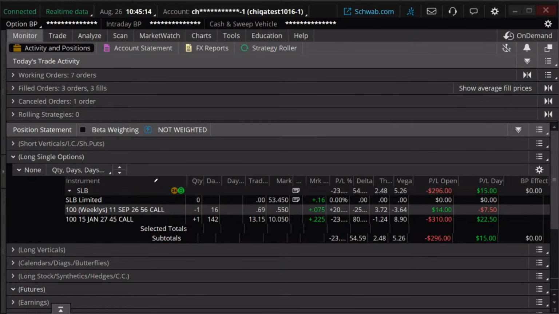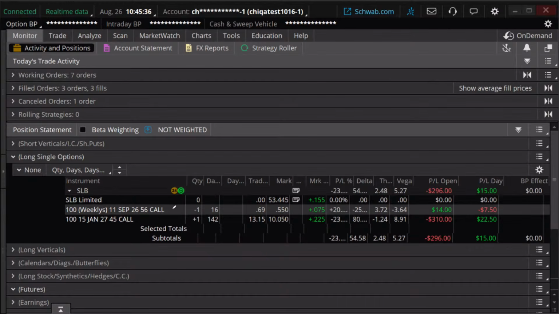When are we going to roll this contract? We're going to roll this when we get near expiration. We'll say about a week to go to expiration. We still have a little bit to go on that. Or if we've made most of what we can make on this. Well, we haven't. Okay. We've made just a little bit, but not much on this. So we're still just going to sit on this.